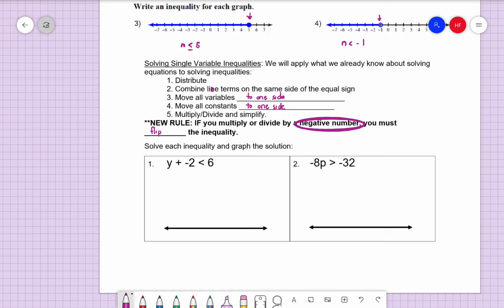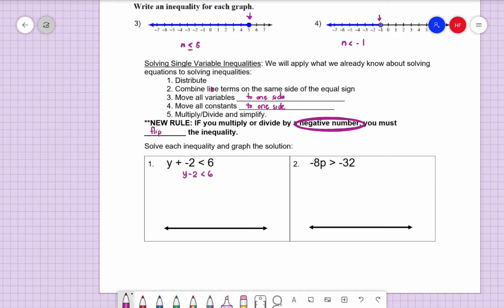So on these, we're going to solve the inequality and graph the solution. So the first one we have is y plus a -2 is less than 6. So plus a -2 is the same thing as saying y minus 2. So y minus 2 is less than 6.